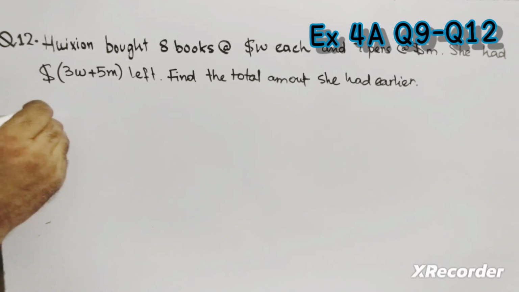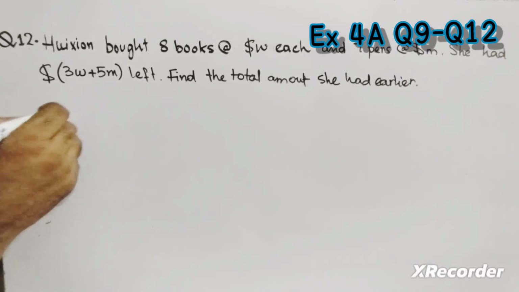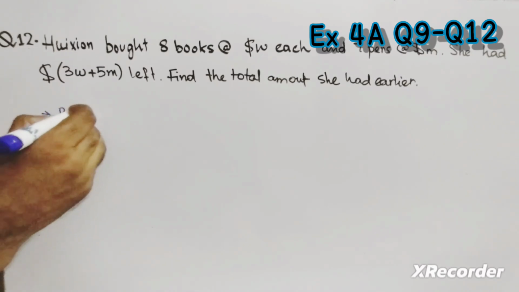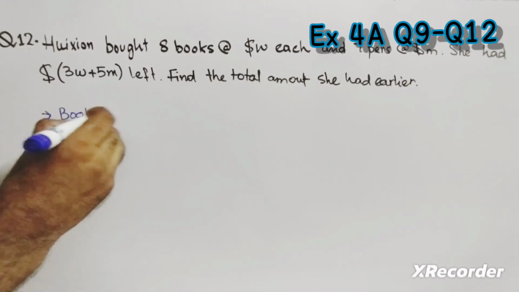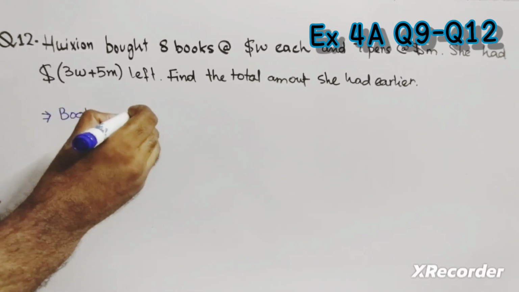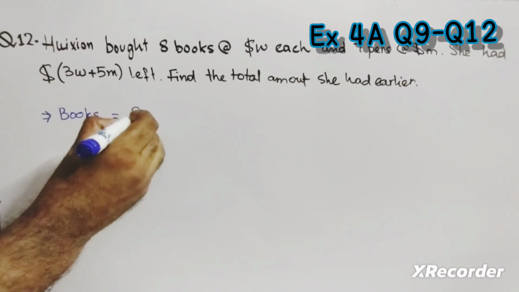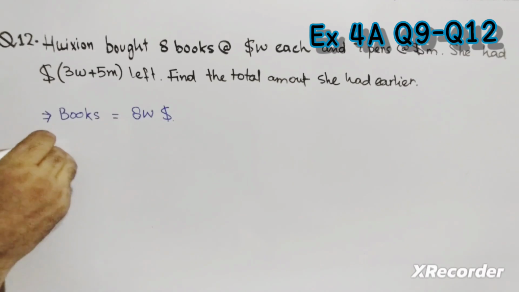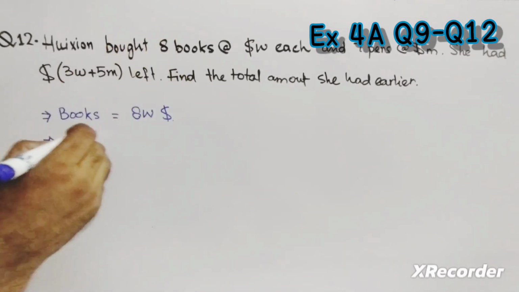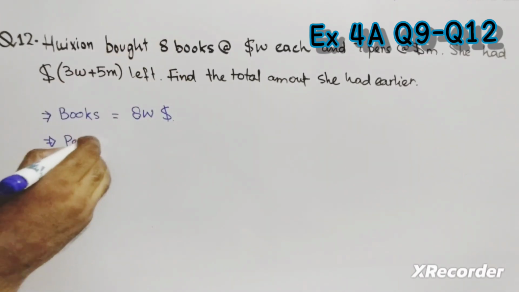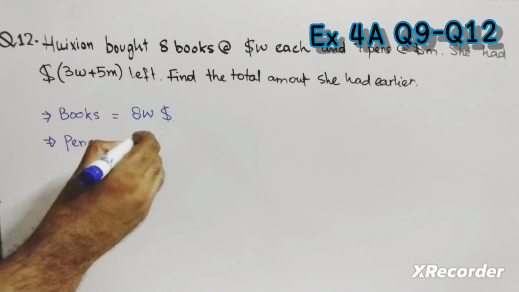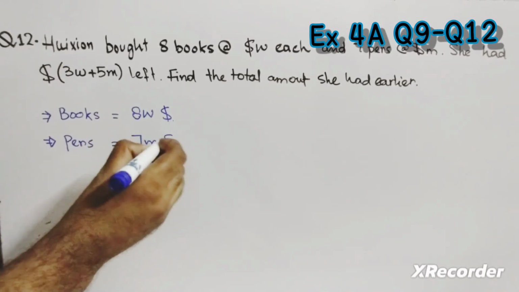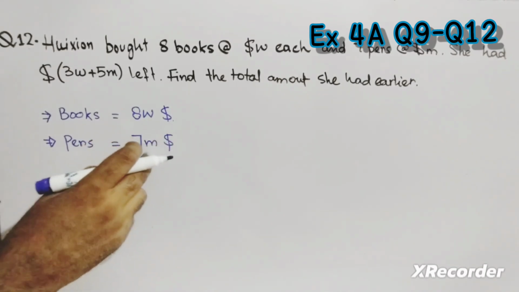First of all, she bought books of $8W and pens, 7M dollars. 7 is the quantity and M is the amount.